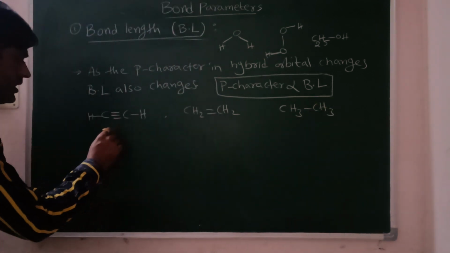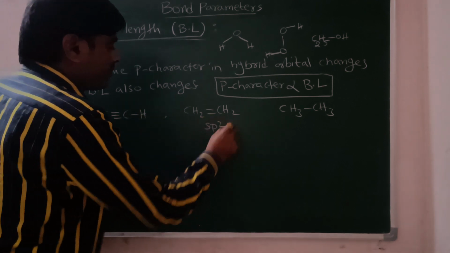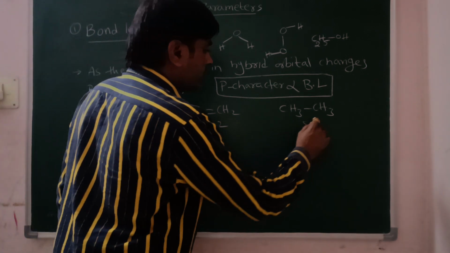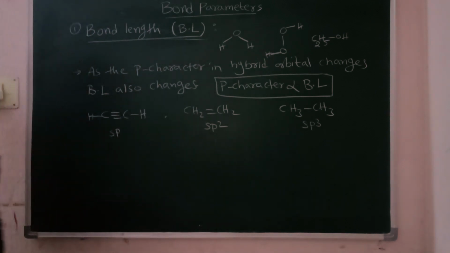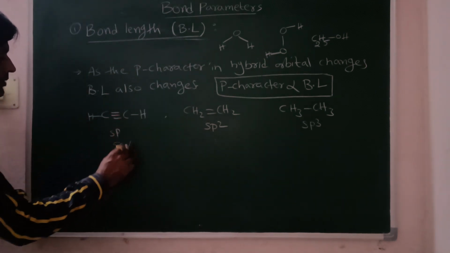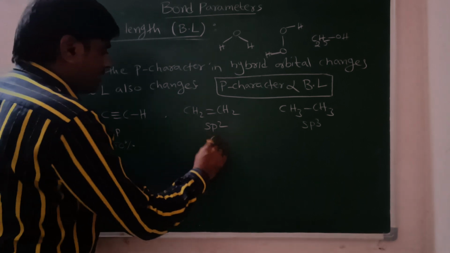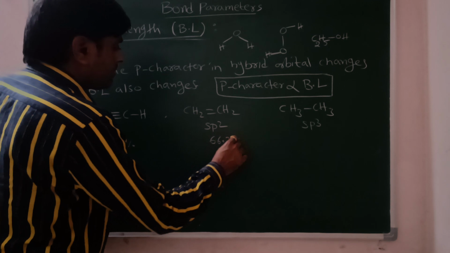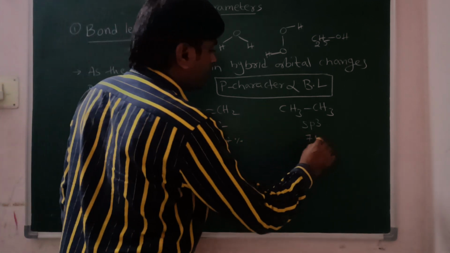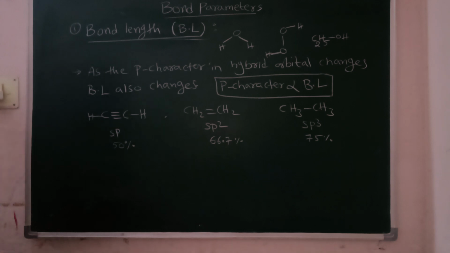Here the hybridization is sp because of the triple bond, here sp2 for the double bond, and here sp3 for the single bond. Now in sp hybridization, the p character is 50%, here it is 66.7%, and here it is 75%.